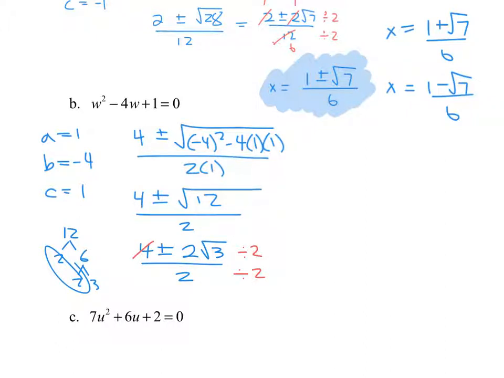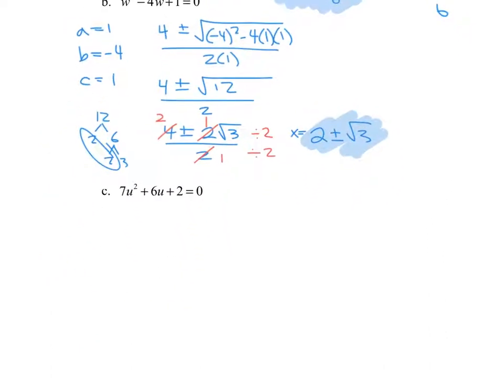So dividing 4 by 2, we get 2. 2 divided by 2 is 1. 2 divided by 2 is 1. And our final answer is going to be 2 plus or minus the square root of 3. I don't need to keep the 1 on the bottom or the 1 in front of the square root of 3. That is my fully simplified answer. And again, it does represent two solutions, 2 plus root 3, 2 minus root 3.